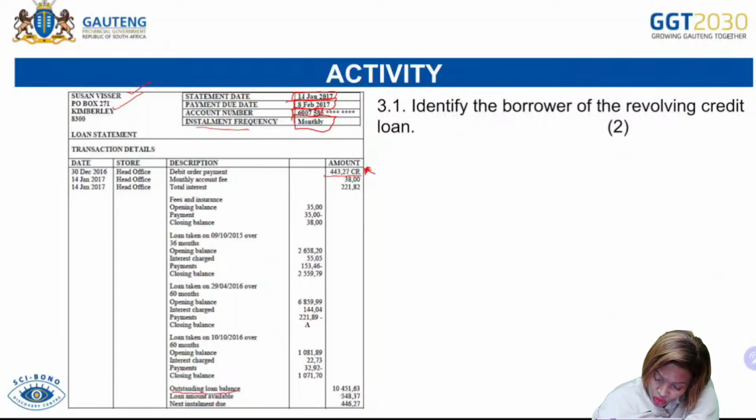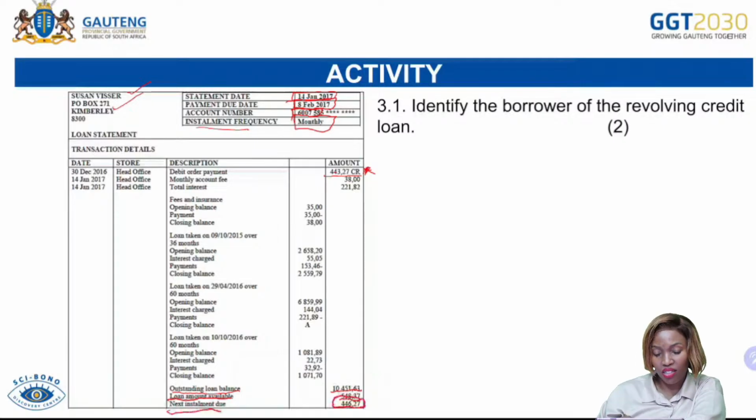So the outstanding loan balance is 10,451.63. And the loan amount that this person can still use is 548.37. So the next installment that she must pay is 446 rand and 27 cents, no longer 443.